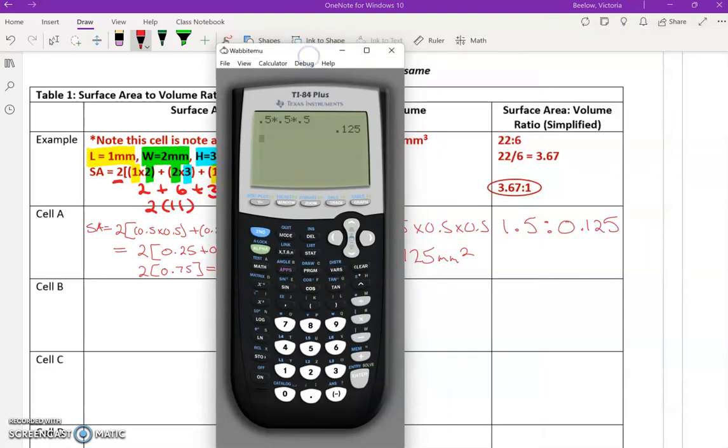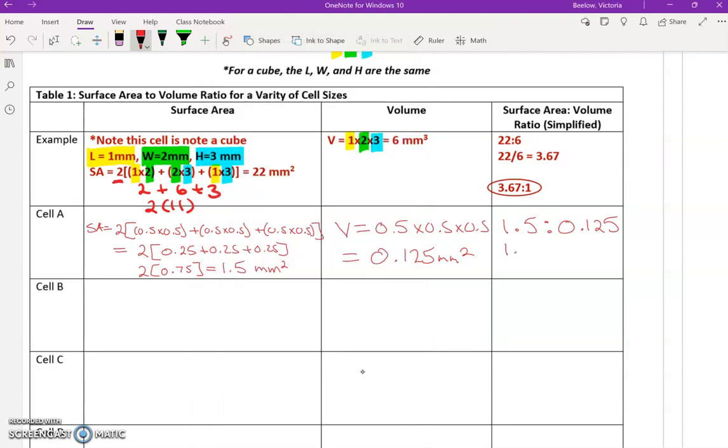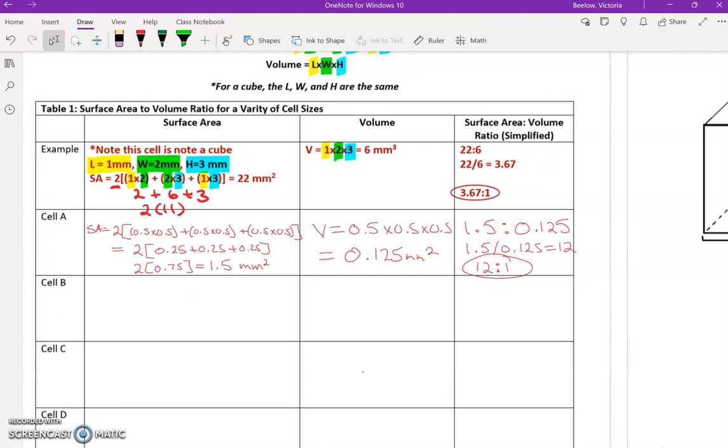So now I'm going to do the surface area to volume ratio: 1.5 divided by 0.125, which is 12. So for my final answer, the ratio would be 12 to 1. So we have 12 times the amount of surface area in comparison to the volume for cell A.